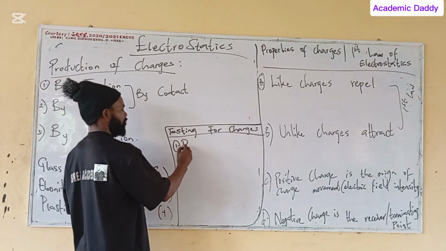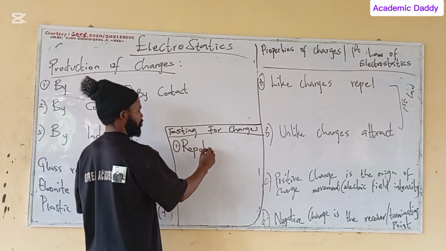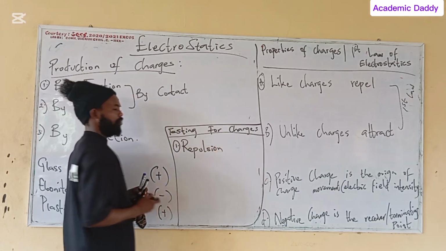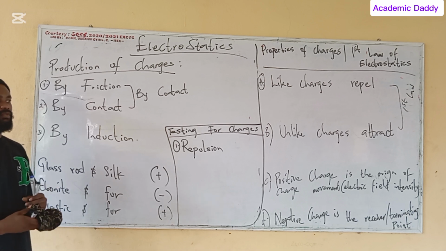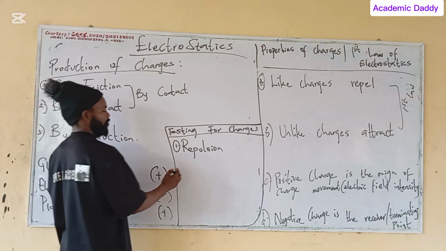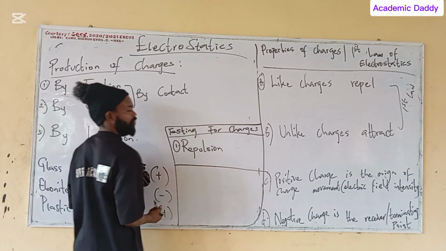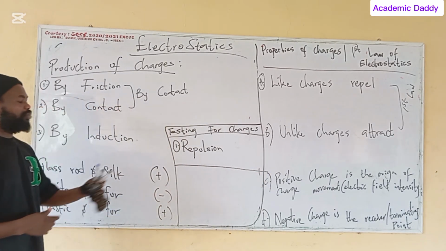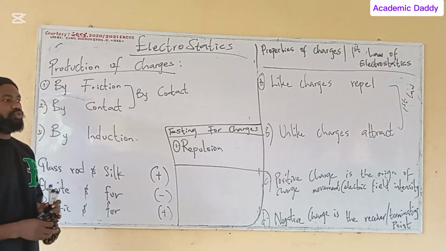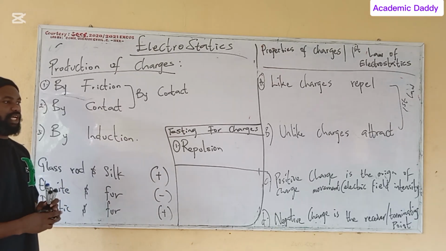When you get repulsion, that's when you know that that particular charge is negative. On the part of attraction, even neutral bodies can be attracted because there are positive charges inside them. So we say that when we get repulsion, that is the true test of charge.